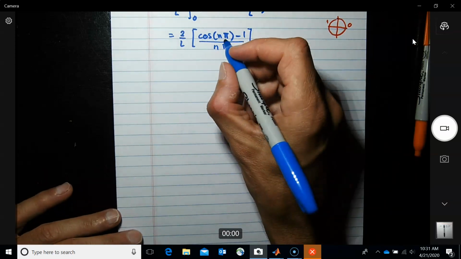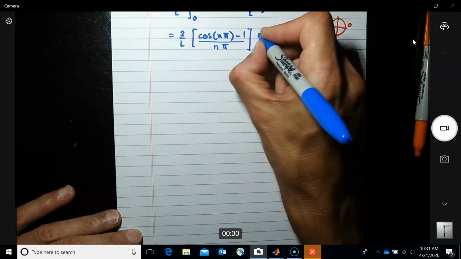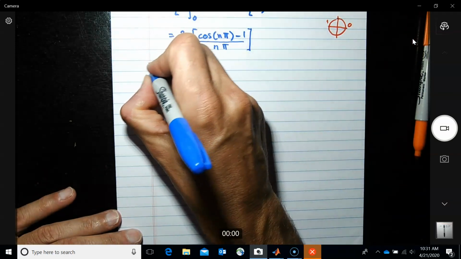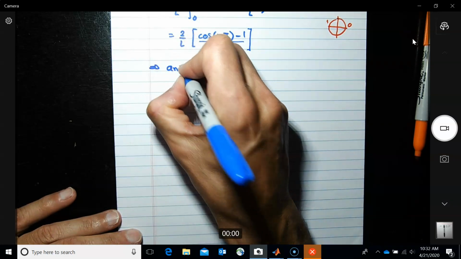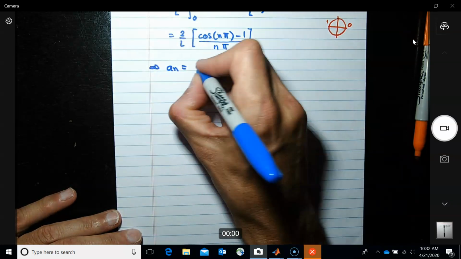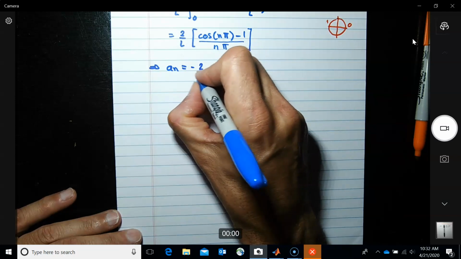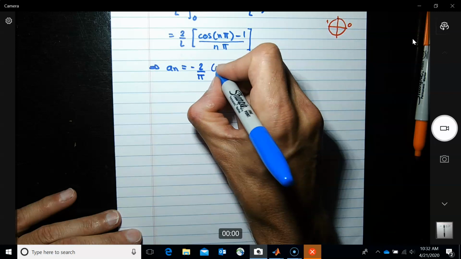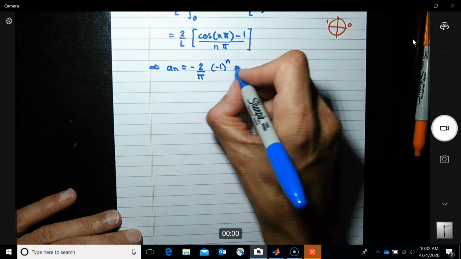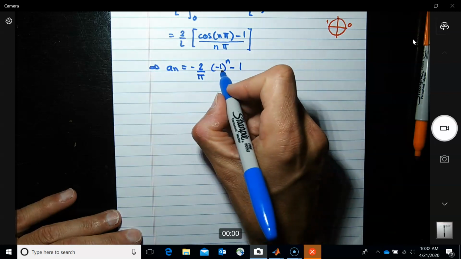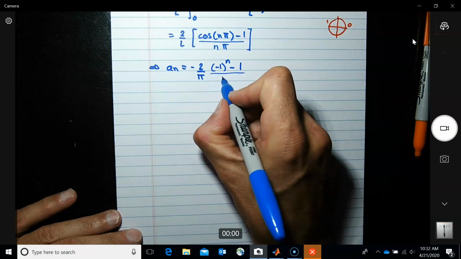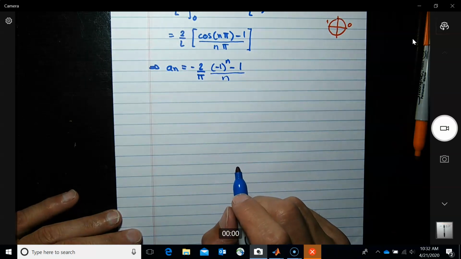Anyway, so you can write this as a sub n equal to minus 2 over pi times (-1) to the n minus 1, divided by n. Okay?